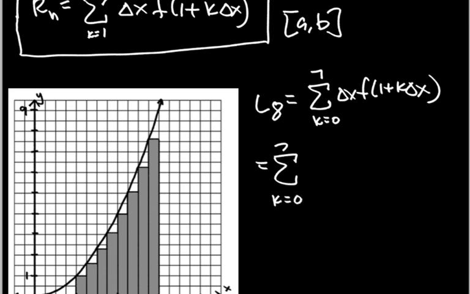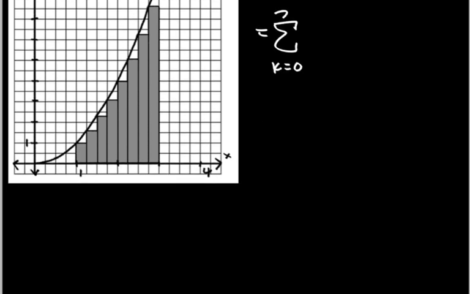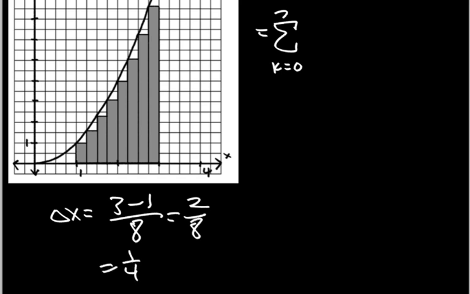Okay, so what is delta x? We're going from 1 to 3. So just real quick note down here, delta x equals from 1 to 3, so 3 minus 1 over how many rectangles? We got 8. So 2 over 8, so 1 over 4. So we can put that there in the delta x spot, and f of 1 plus k times 1 over 4.